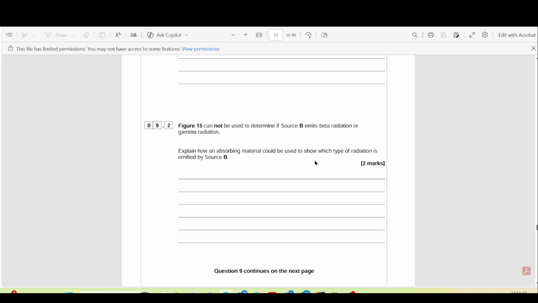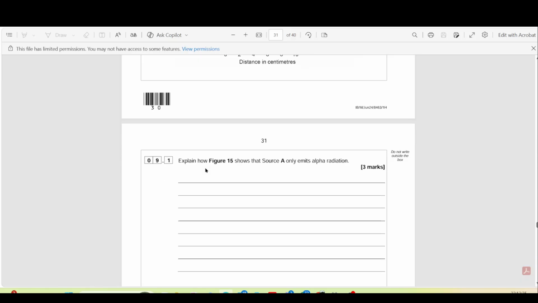So we need to use an aluminum sheet, because beta would be stopped by a sheet of iron or lead or a brick. That will stop it. That's why you are supposed to use an aluminum sheet, because if we place a thin aluminum sheet, this will allow gamma radiation to penetrate or pass through. Does gamma pass through aluminium, or does it get stopped?